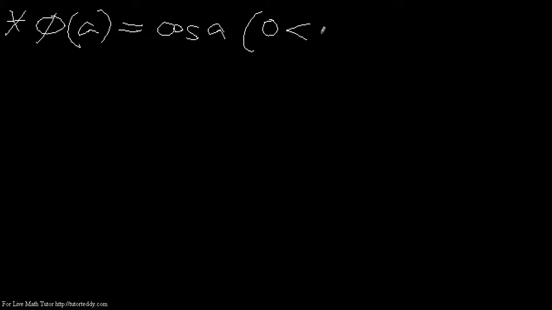Suppose we have a question where a function is given, phi of a equals cos a, where a lies between 0 to pi by 2, that is 0 less than equal to a less than equal to pi by 2.